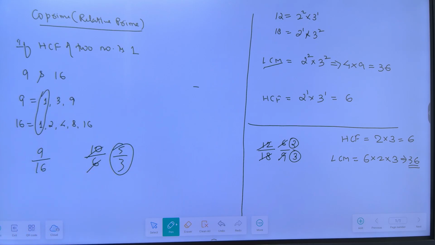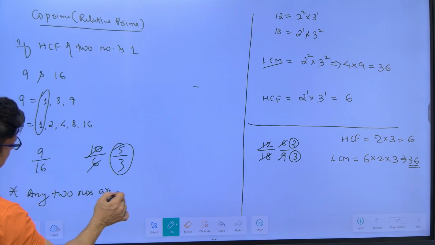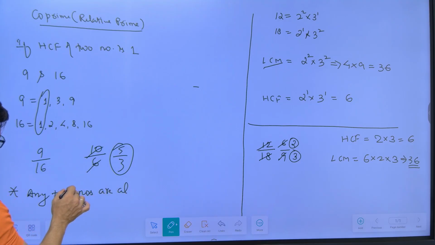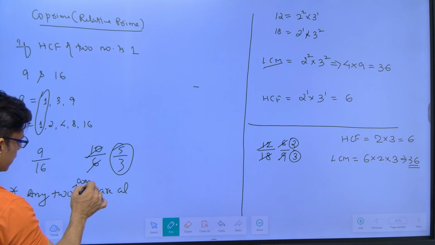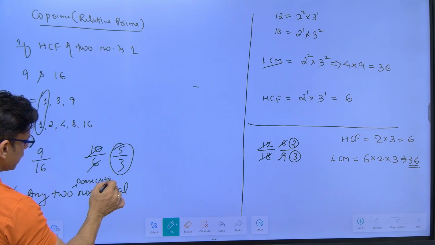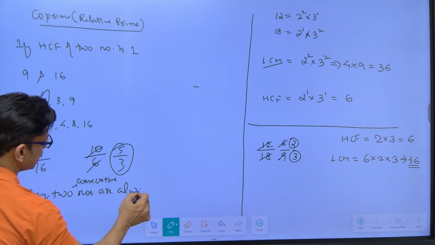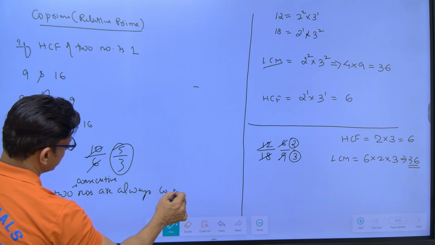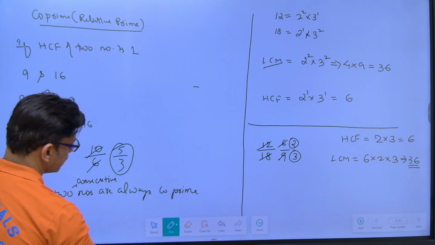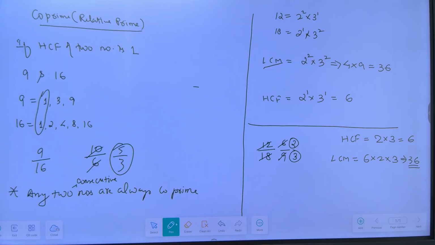Second thing, any two consecutive numbers are always co-prime. Pick up any two consecutive numbers.